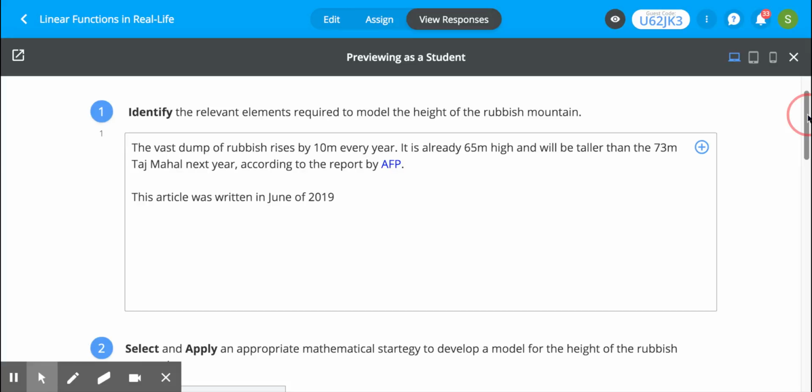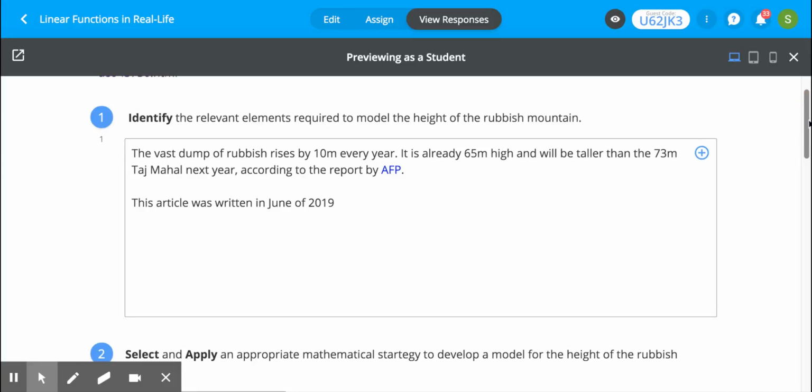So the relevant concept: the vast dump of rubbish rises by 10 meters every year. That's obviously not exact, right? You're modeling a situation, but the information would follow a linear pathway, or a linear projection. So it's already 65 meters high and will be taller than the 73-meter Taj Mahal next year, according to the report.